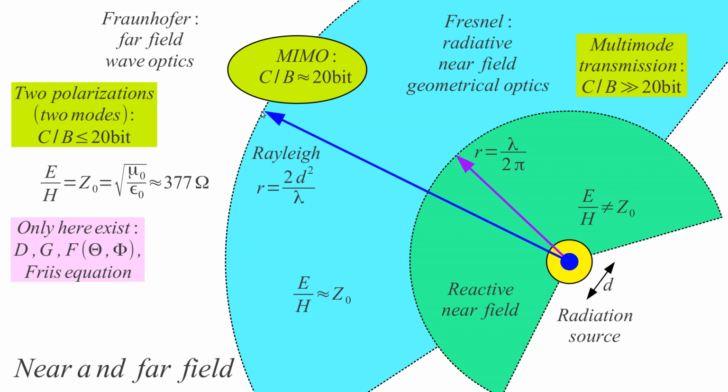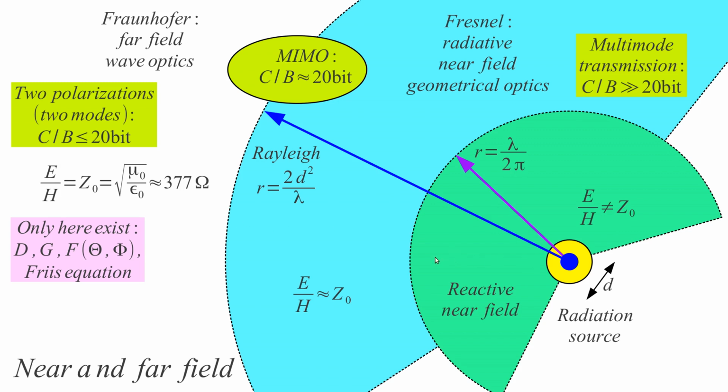Where lie the boundaries? The first boundary here is lambda over 2 pi. This is the maximum range. At this range, the reactive near field becomes equal to the far field, and afterwards we only have a radiative field here, no longer a reactive field.